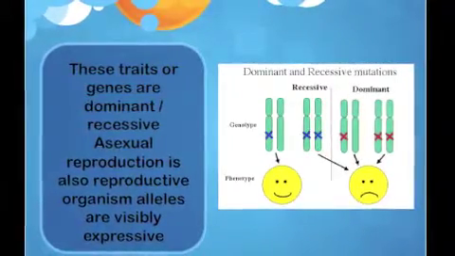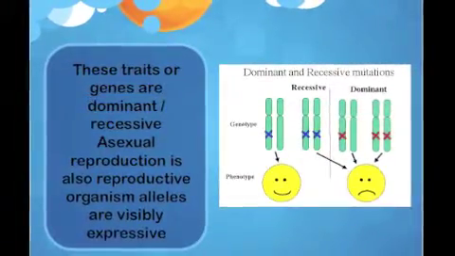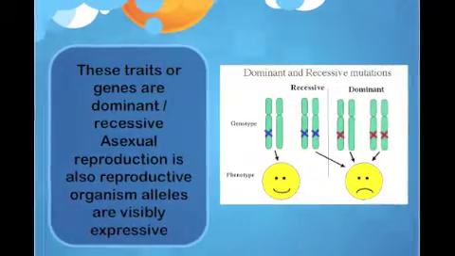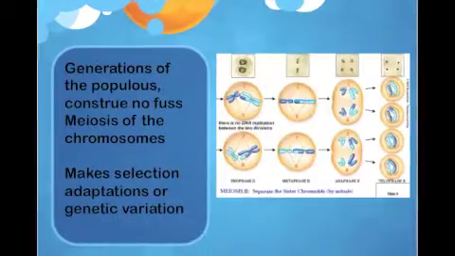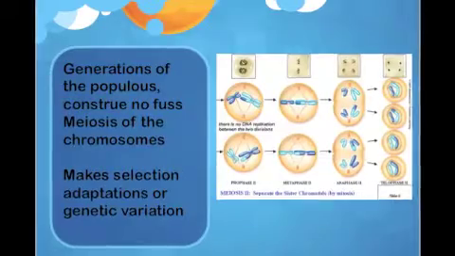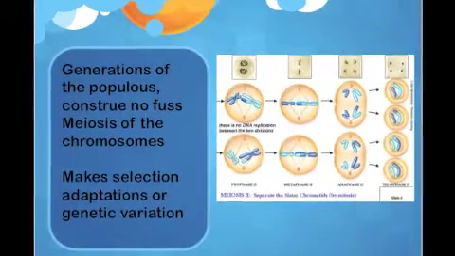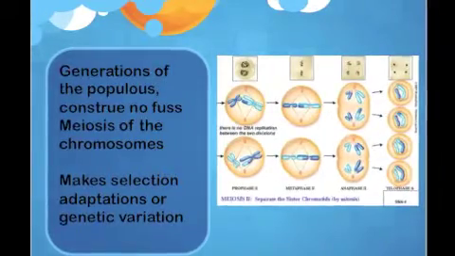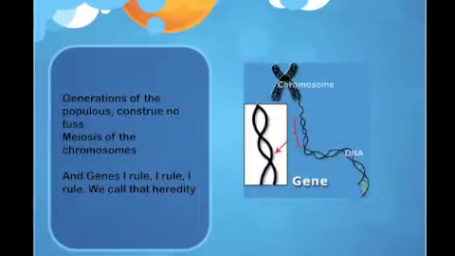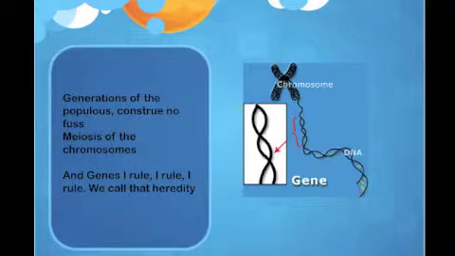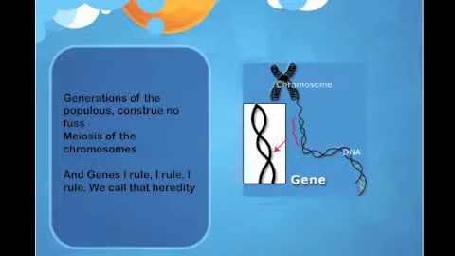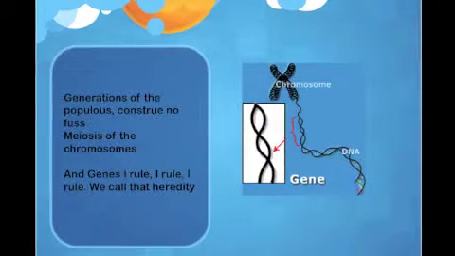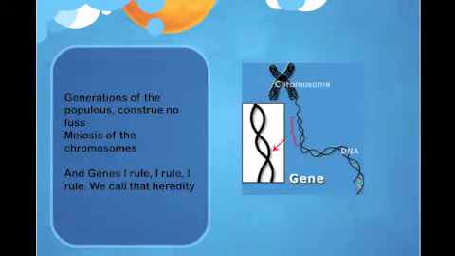Sexual reproduction is also reproductive organelles are visibly expressed. Generations by the populace construe no fuss. Meiosis of the chromosomes make selection adaptations or genetic variation. Meiosis of the chromosomes and genes I rule, I rule, I rule.